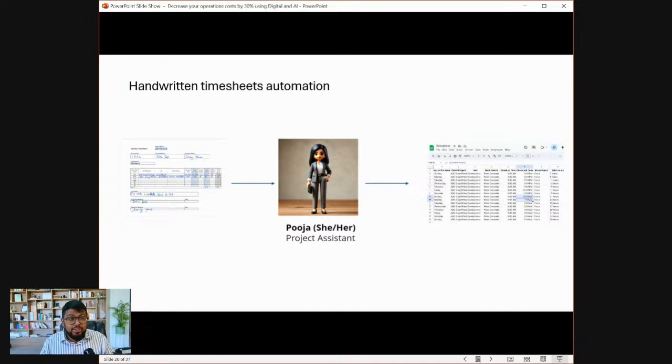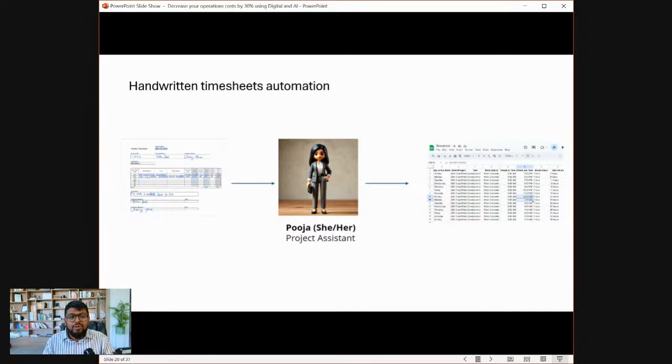Another use case is that we worked with an organization where they had staff who had handwritten timesheets or handwritten logs that staff members would fill in. So initially we were looking to develop an application that would allow staff to input all of the information, but some of their staff members don't like to use technology, and there was a lot of investment involved in that.